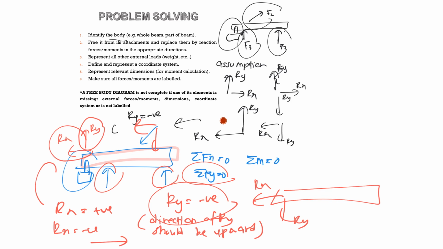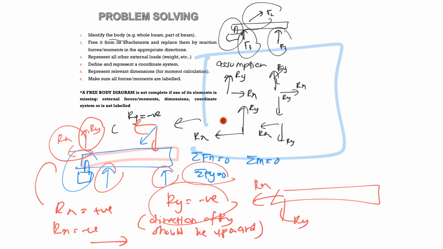That's the reason why for the hinge we didn't know the answer yet, so we need to assume from these four choices of directions: whether your Ry can be upward or downward, or Rs can be left or right. But basically, at the end all the answers are going to be the same.